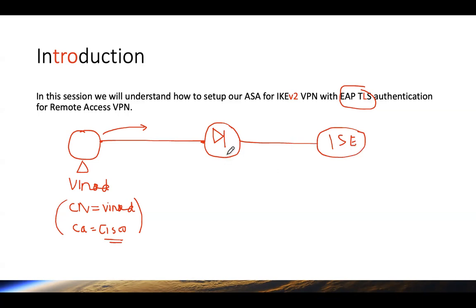So what happens over here, the ASA will authenticate the certificate. We install a root CA certificate on Cisco ASA over here, which is Cisco. Once the user provides its certificate to Cisco ASA, ASA will authenticate whether the certificate is correct or not.